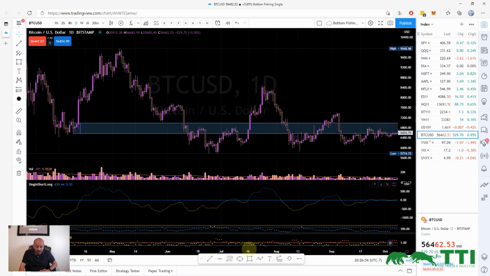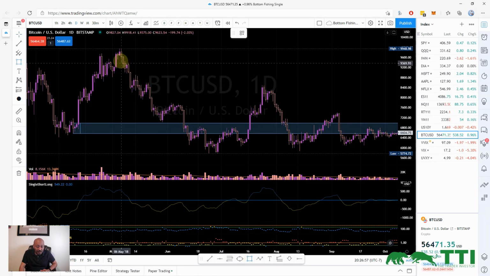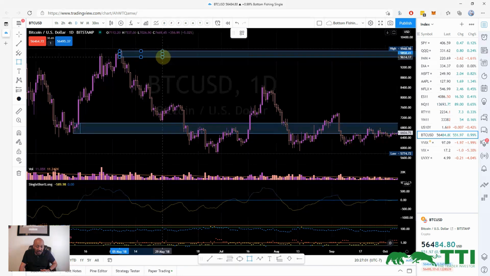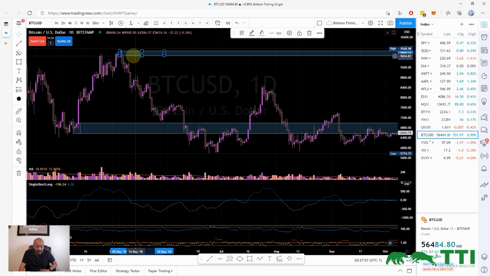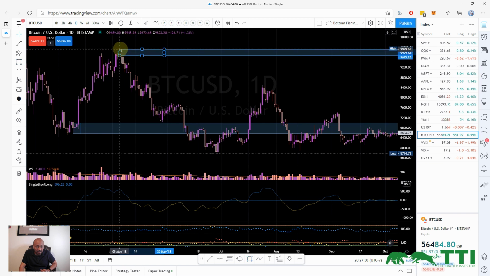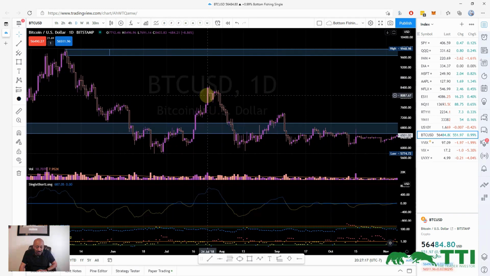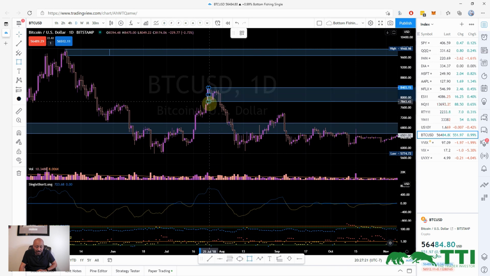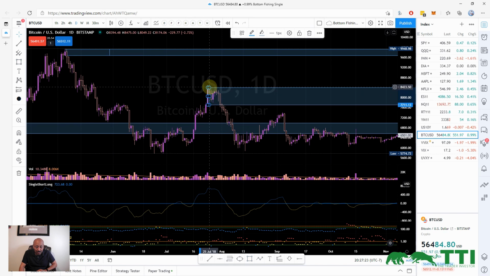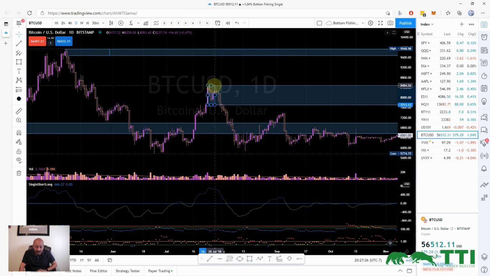But here we also see another order block. Up here we see an order block, the last bullish candle from open to that high. This is another order block that we will come and visit in the future. As we come here, we see another order block here because price has significantly moved down from that area.